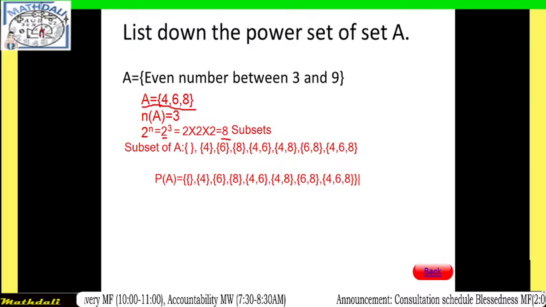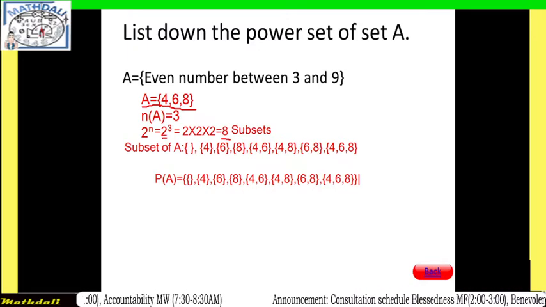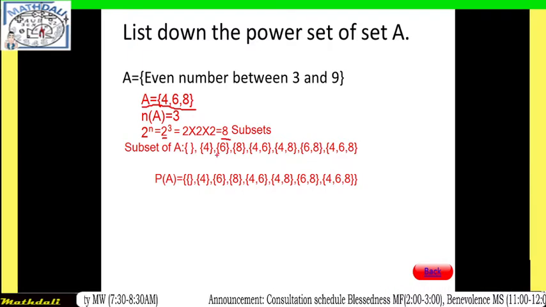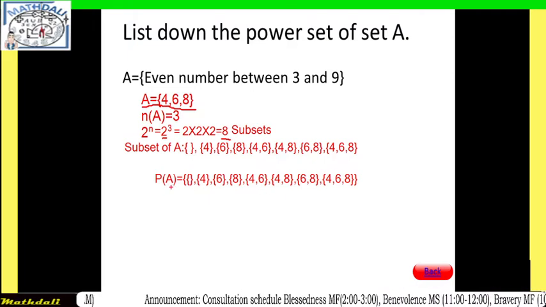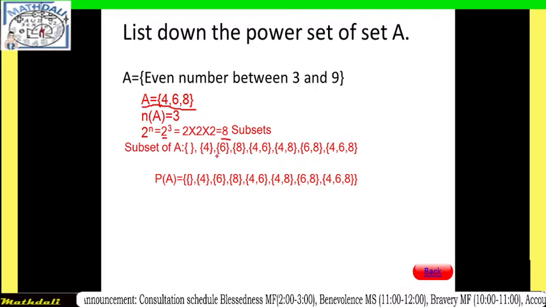We write each subset as an element of that power set. Those serve as the elements of our power set.